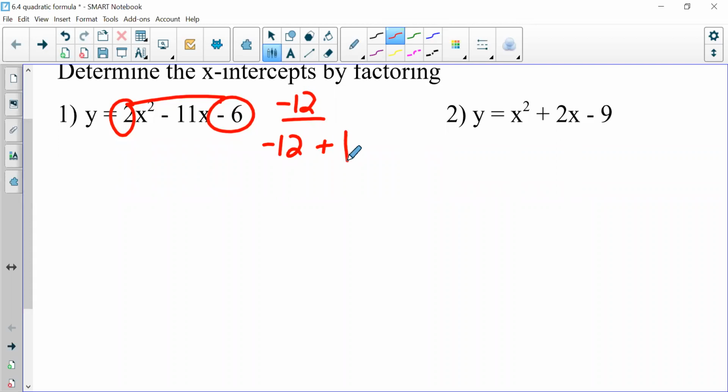So -12 times +1 is -12, and -12 plus 1 is -11. What am I doing with these numbers? Good, I'm going to put them in for X.